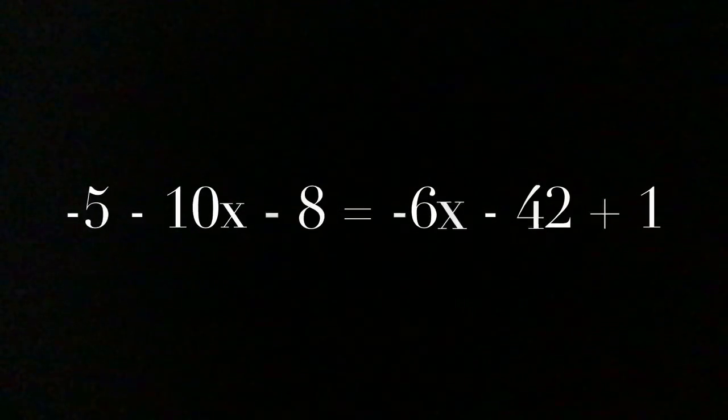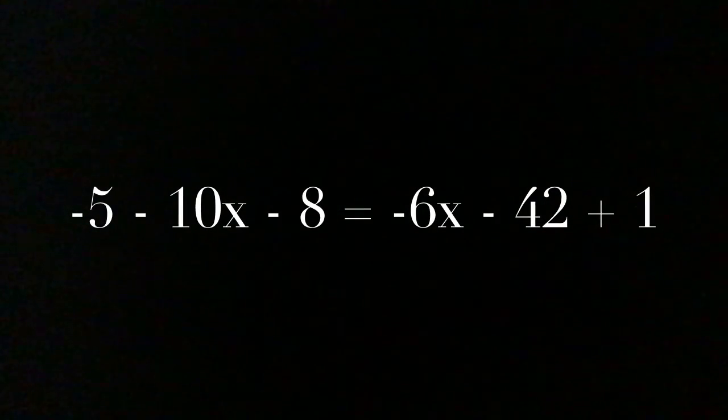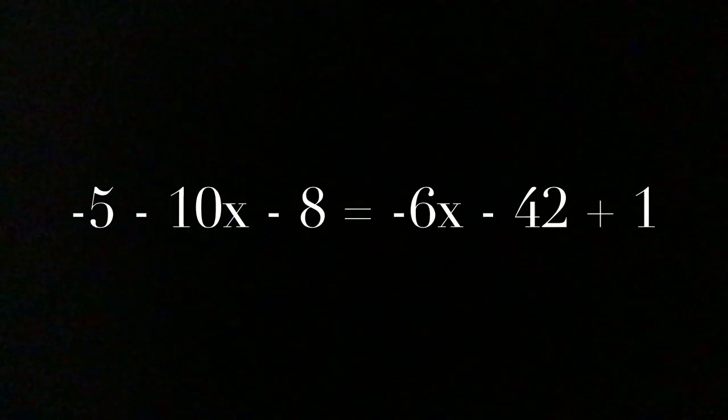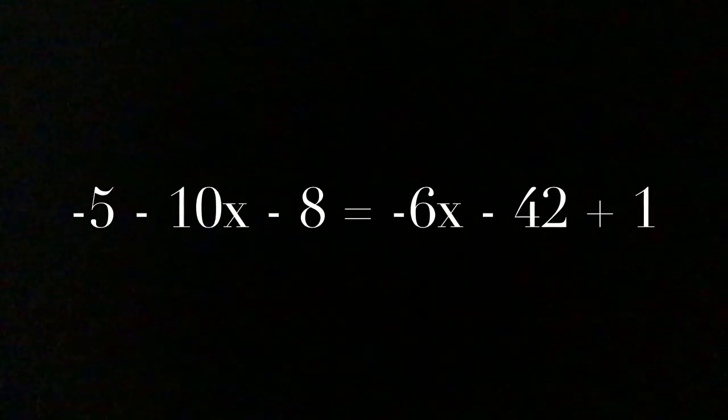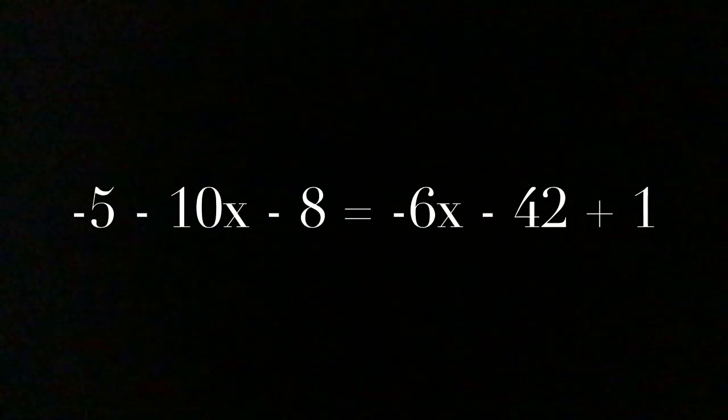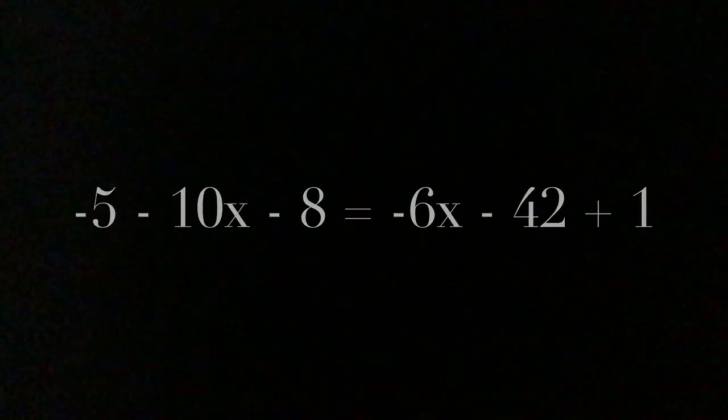And the equation we ended up with is negative 5 minus 10x minus 8 equals negative 6x minus 42 plus 1. The next step is to combine like terms and bring the similar numbers onto one side.